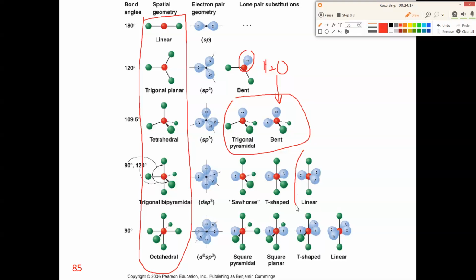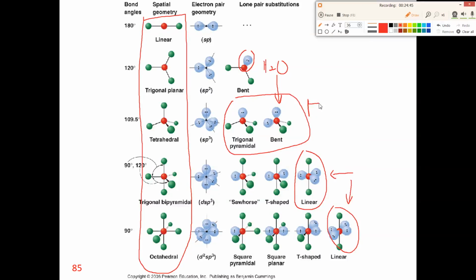I think this one, although it has a lone pair, is symmetrical. This is symmetrical. This one is symmetrical too. Although they have lone pairs, don't worry about it. You don't need to know these examples. The majority, if there's no lone pair, are all symmetrical. If there's a lone pair substitution on the central atom, it becomes asymmetrical.